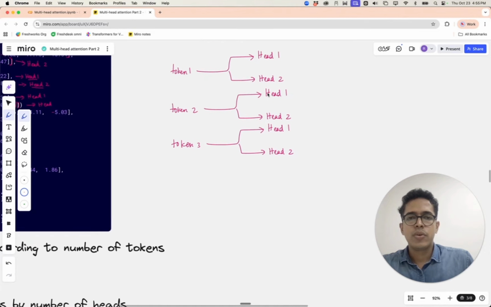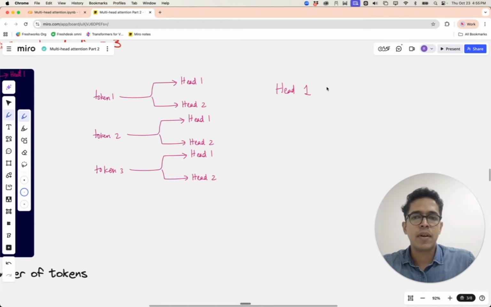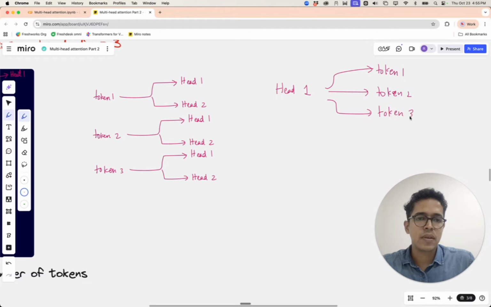What would be more useful for us will be, instead of this kind of a tree, if we had it based on attention heads. So in head number 1, token 1 is being passed. In head number 1, token 2 is being passed. In head number 1, token 3 is also being passed. And then we have head 2.